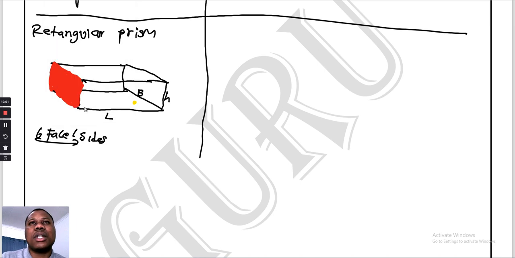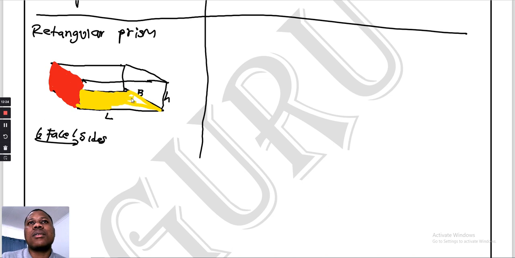I can do the bottom one with this one. I mustn't waste time, we still have volume.